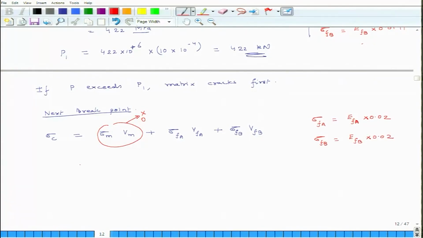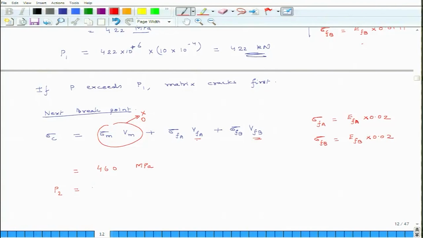Okay. You do this and you compute that, and we already know the volume fractions of fiber A and fiber B. So, they are not changing. So, once we do the computation, this comes out to be 460 MPa, and P2 is what?